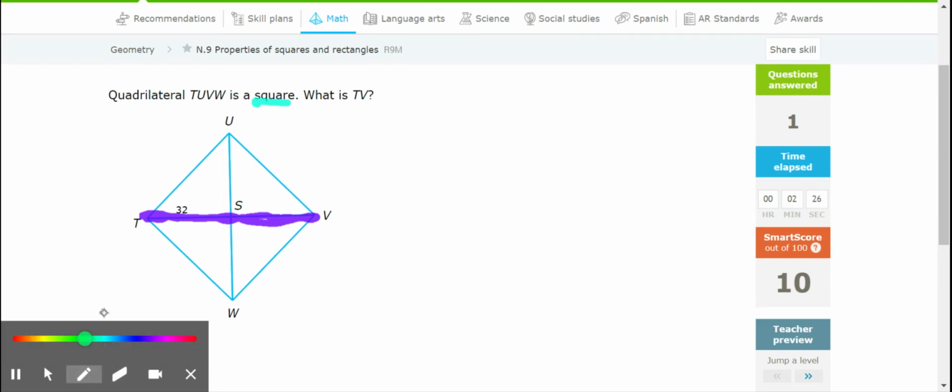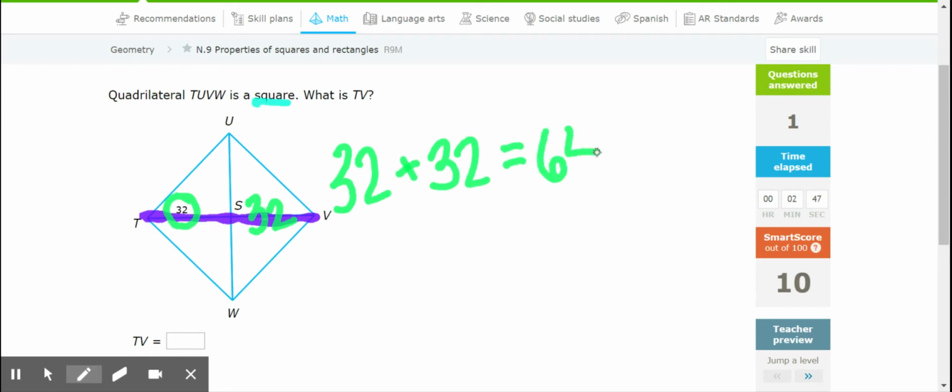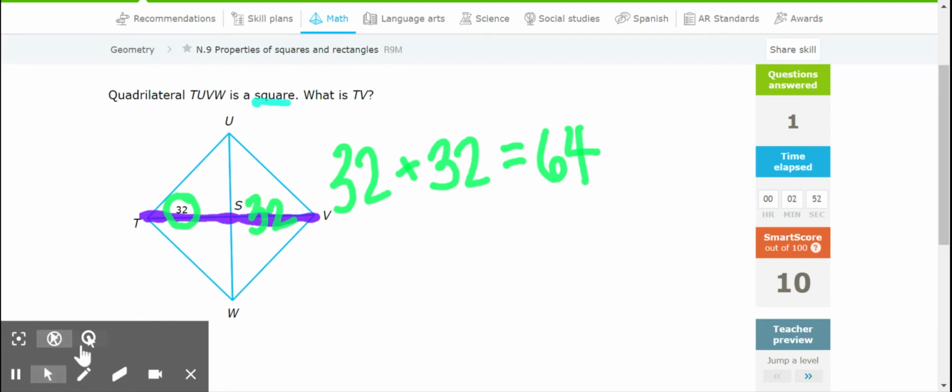So if this side right here is 32, then this side over here is also going to be 32. And if it wants the whole purple line, I need to add that first 32 plus the second 32. And 32 plus 32 is 64. So TV should equal 64.